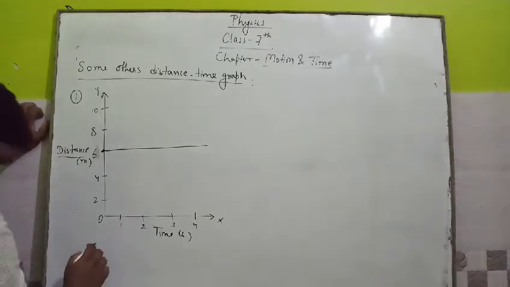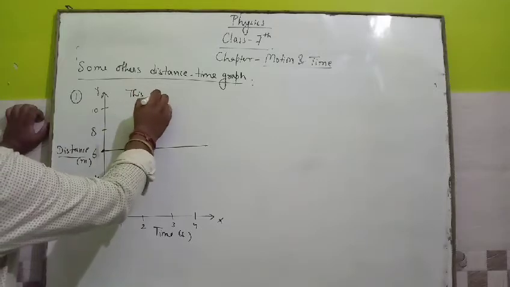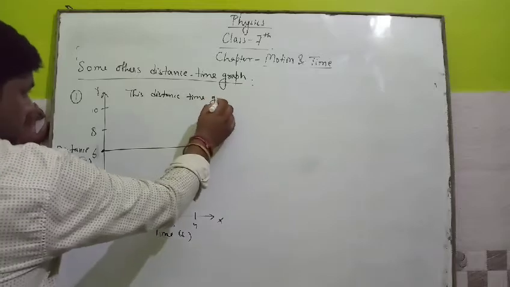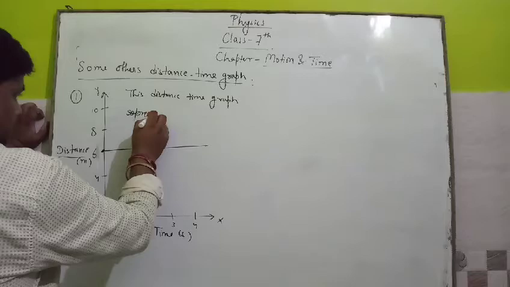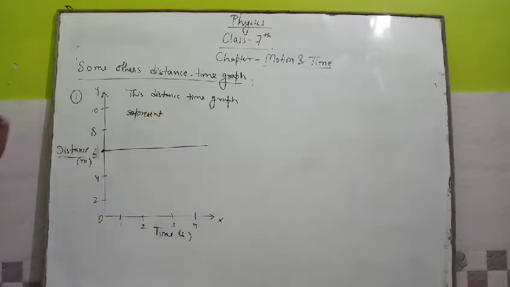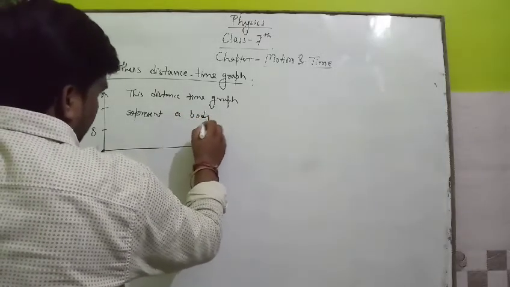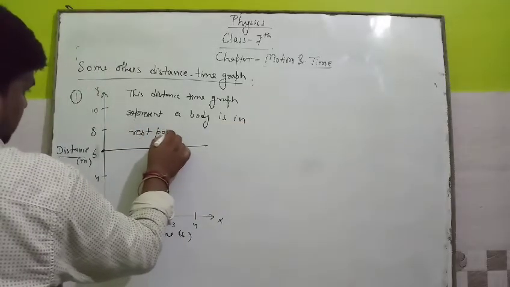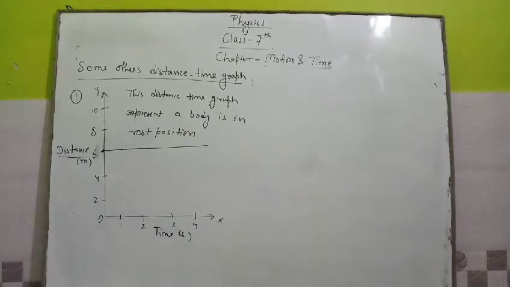So write this: this distance time graph represents a body in rest position. A body is in rest position. Clear?